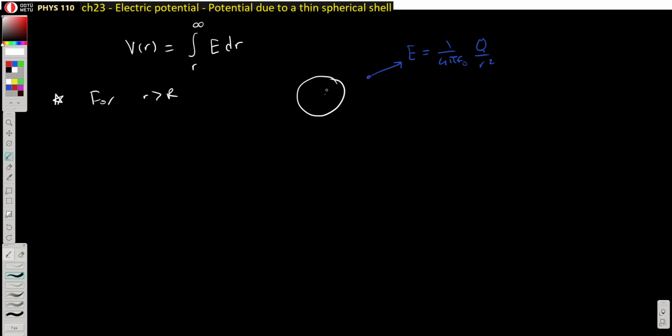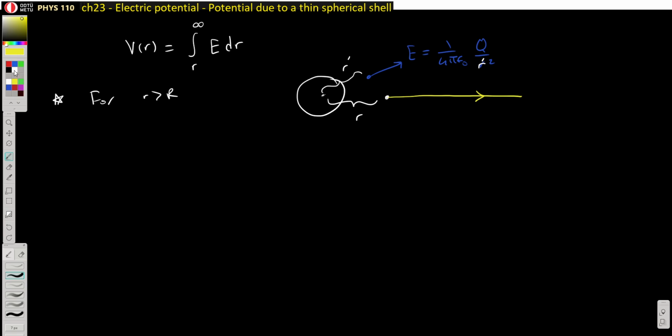I think I need to use some kind of a dummy variable in here. So perhaps if I call that distance r prime, I need to write r prime in here. So this is the electric field at any point. In any case, I have a point outside in here. Its distance from the center is r, and I have a path that starts from this point and goes to infinity.